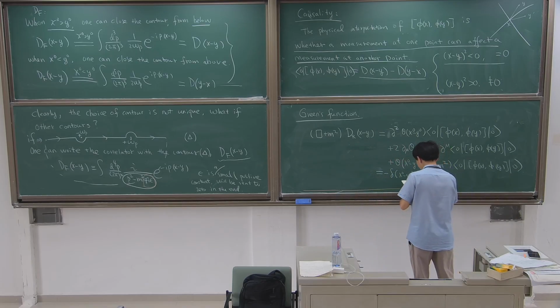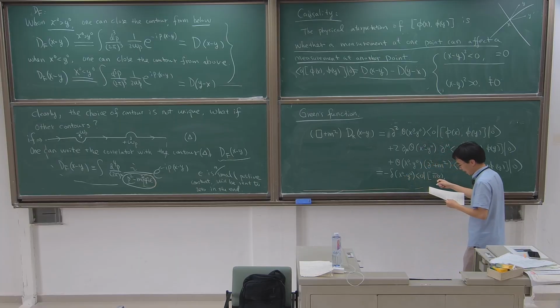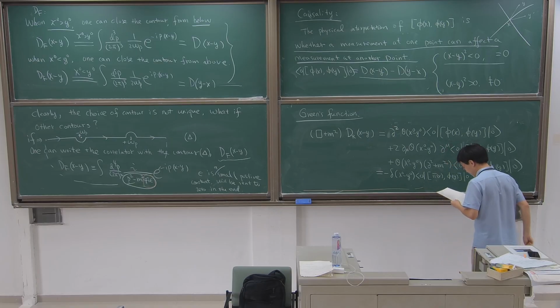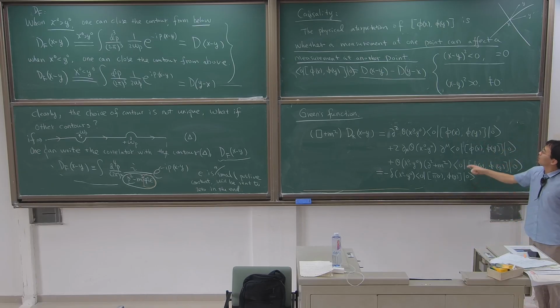Now, the time derivative, if we transform it onto the second piece for the first term, it will become the conjugate pi, right? Then it becomes the commutator of pi x and phi y in the vacuum. This is the result for the first term. I worked it out.